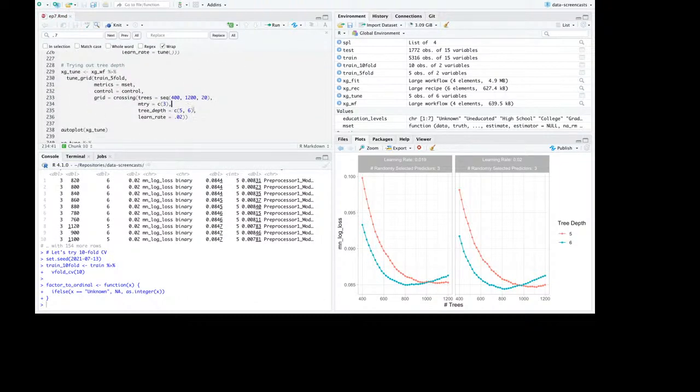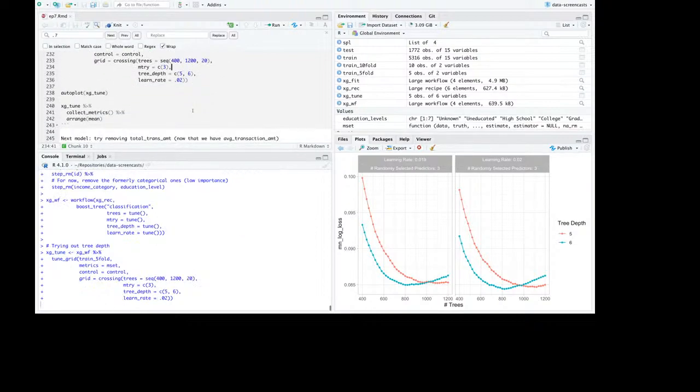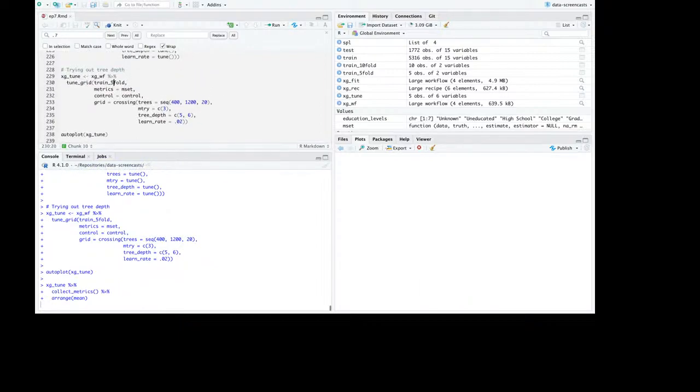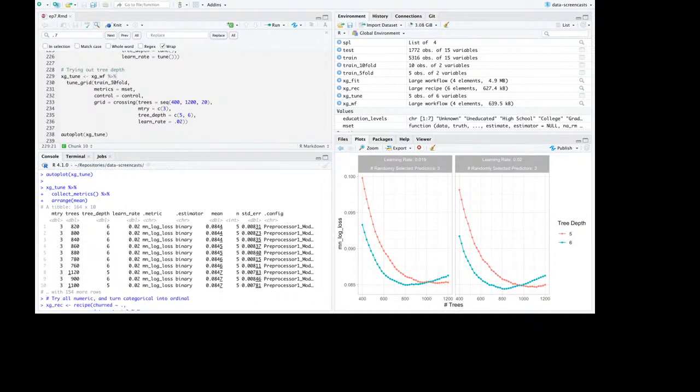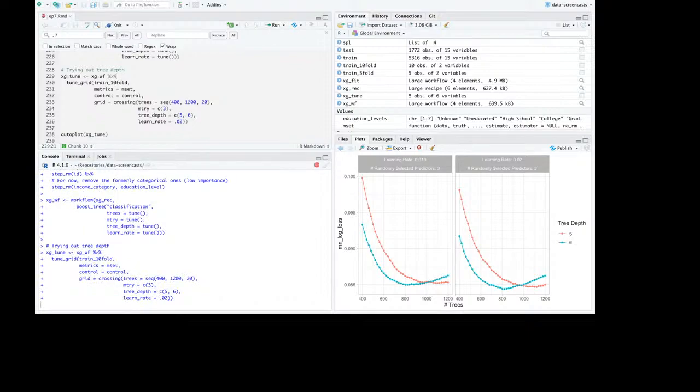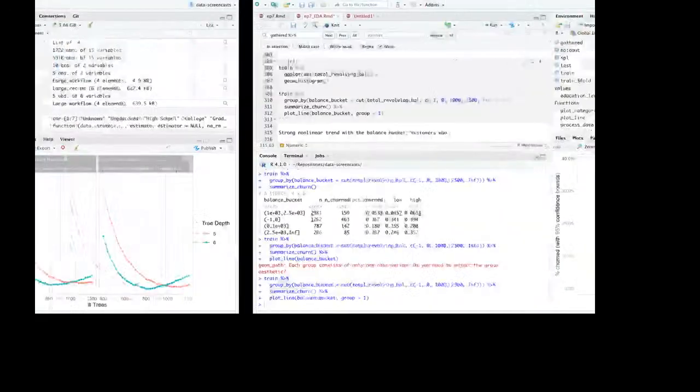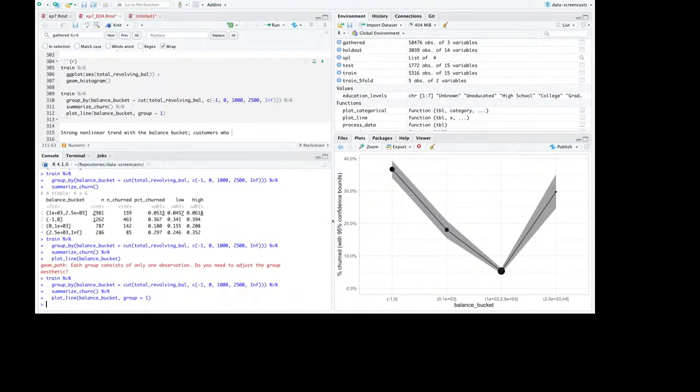Five or 6. Oops. All right, and yeah, I'm going to need a couple labels.